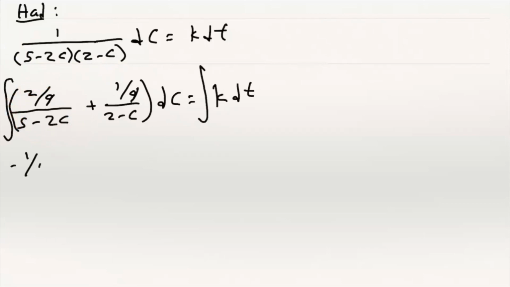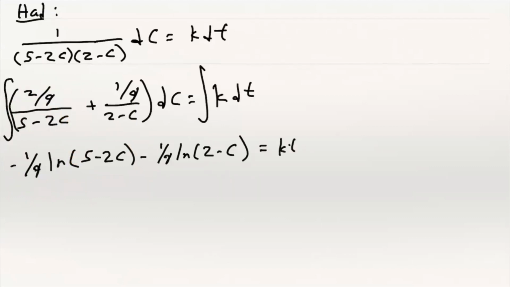It will be negative 1/9 ln of (5 minus 2c). You can always check your work by just differentiating, make sure you get that. Minus 1/9 ln(2 minus c) equals kt plus, okay, we could call this little c, but that would be really confusing because big C is the amount of chemical C that has formed. So let's choose a different arbitrary constant variable. Let's just call it d.